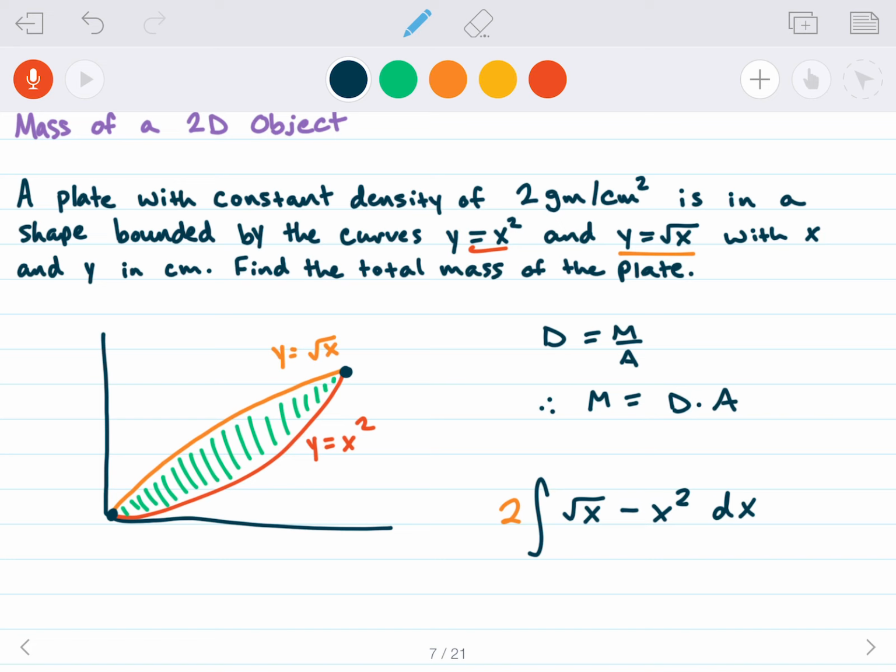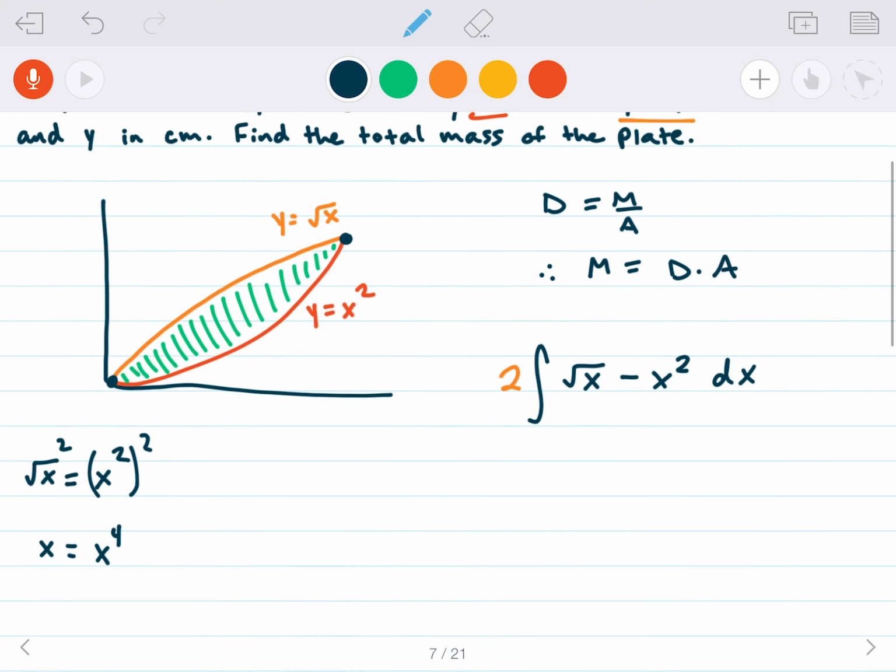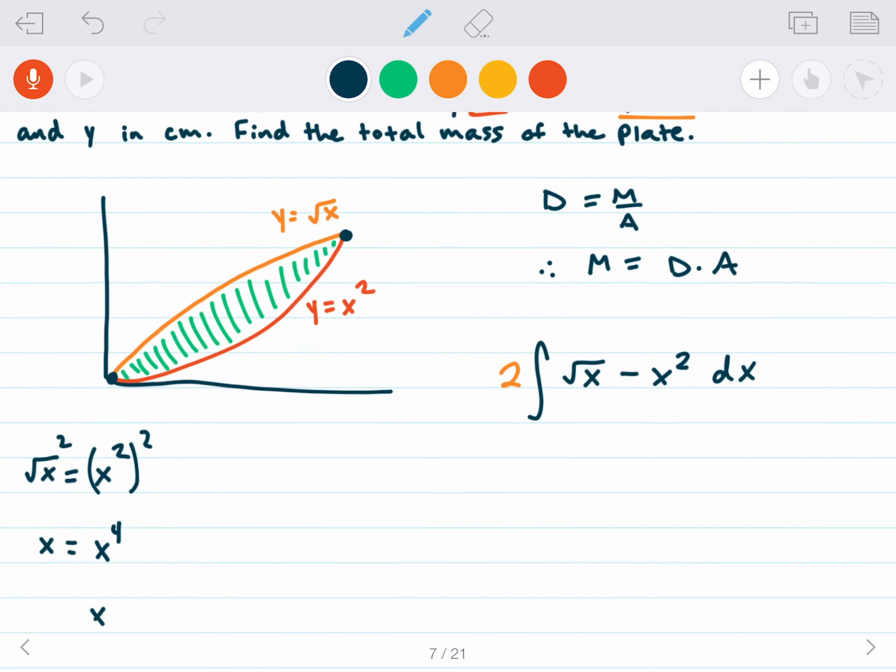Now we need to figure out the bounds. To do that, we can just set the two functions equal to each other to see where they intersect. So we have square root of x equals x squared. If I square both sides, I get x is equal to x to the 4th, and then I can subtract x from both sides to get x to the 4th minus x equals 0.